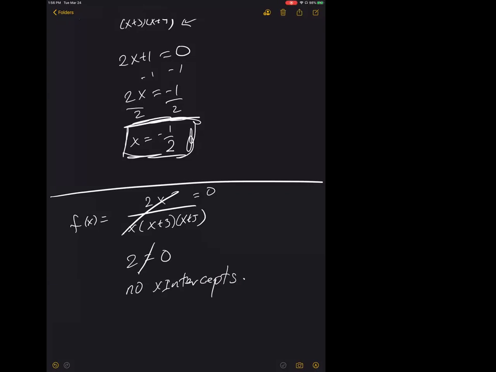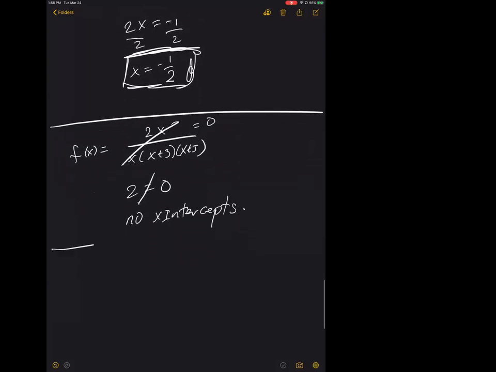Last but not least, you have to find the y-intercepts. And to find the y-intercepts, we have to plug in 0 into the equation of the function. I take my function f of x equals 2x plus 1 divided by x plus 3 times x plus 4.